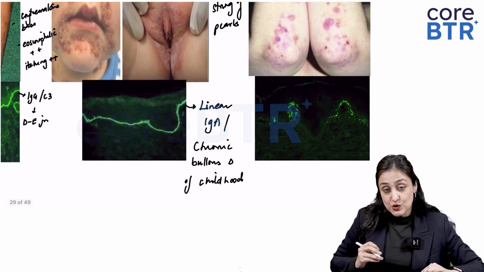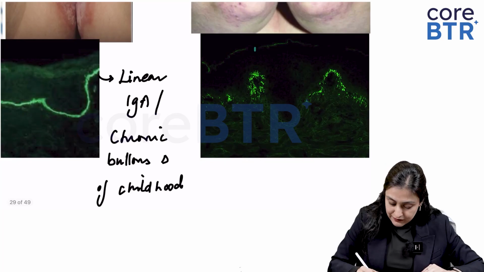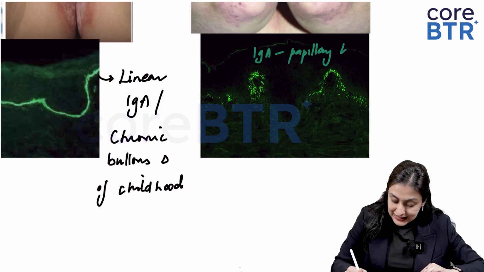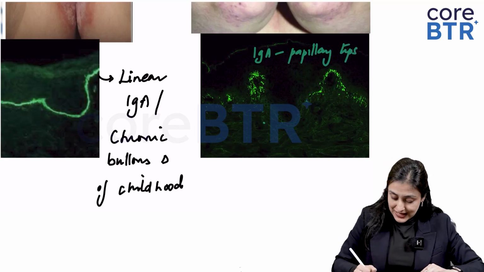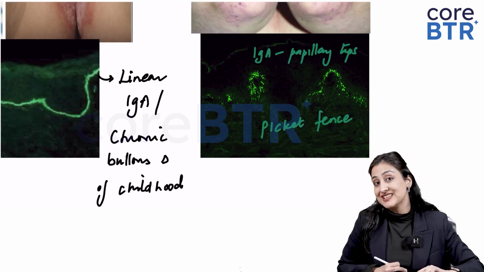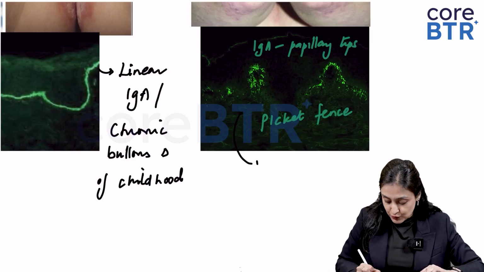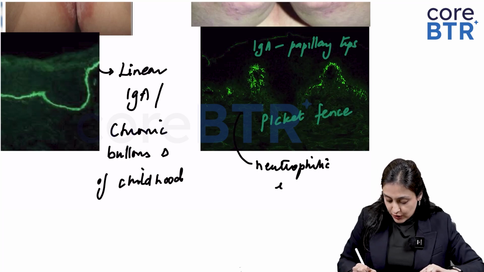And look at this. This is one more misnomer now that we were talking about. This is where we have IgA deposition, but now this is at the papillary tips. This is called a picket fence appearance. So picket fence, papillary tips, IgA, and this is where at the papillary tips you may also see neutrophilic microabscesses.